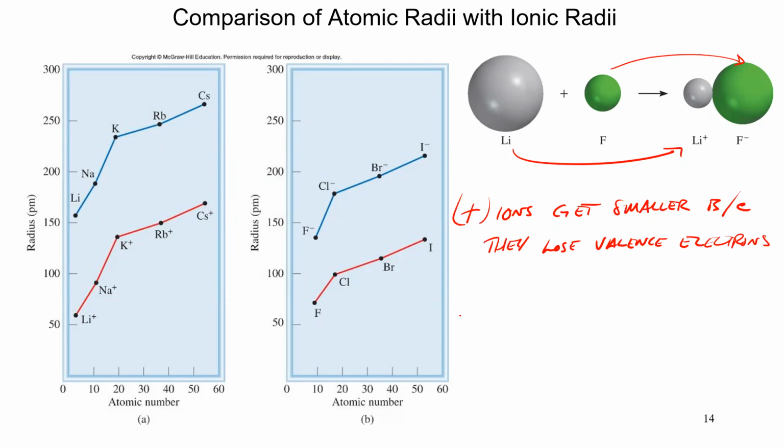And negative ions get larger because when they gain that extra charge, that nucleus holds on a little bit less tightly.